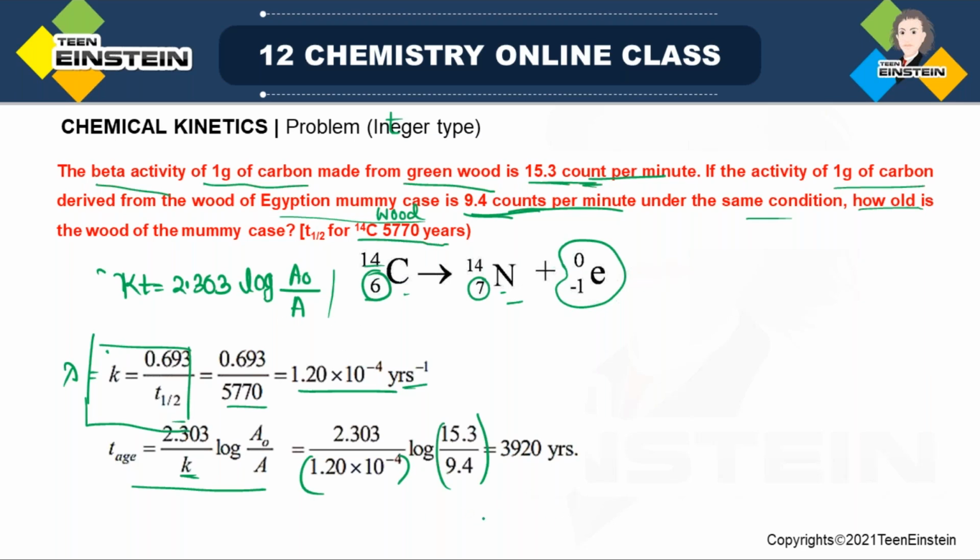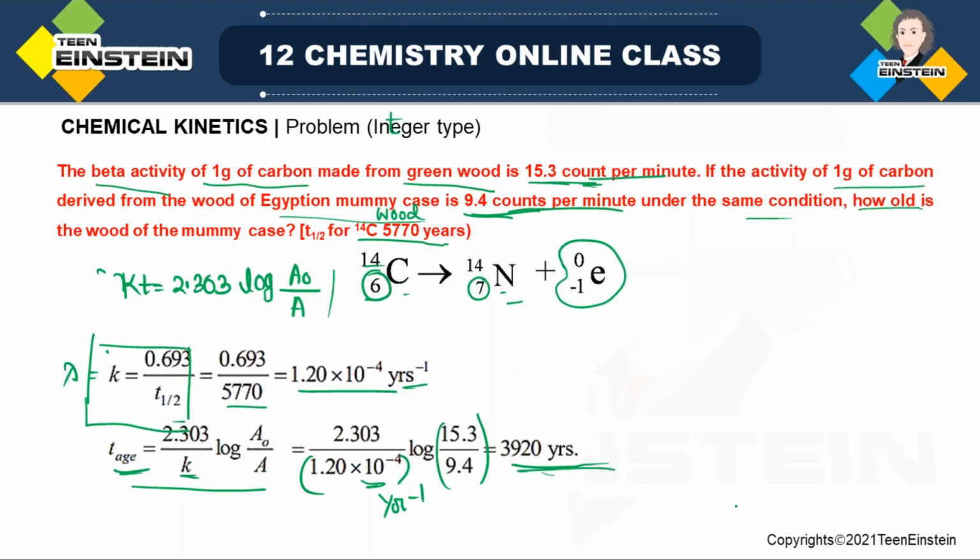is why we have written 9.4 in place of the remaining amount. After calculation, as the unit of K is per year, the T value that you will get, that is the age of the wood of the mummy case, will also be in years. And if the question asks you to express it in seconds or minutes or days, you will do the unit conversion accordingly, but nothing is specifically mentioned.